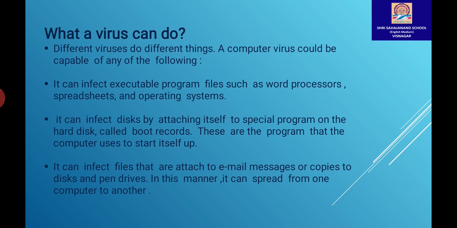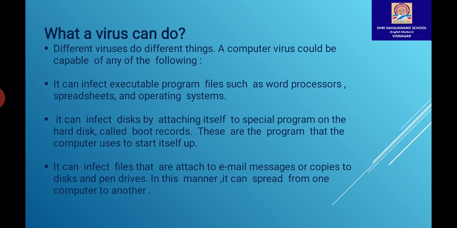What can a virus do? Different viruses do different things. A computer virus could be capable of any of the following. It can infect executable program files such as word processors, spreadsheets, and operating systems. It can infect a disk by attaching itself to a special program on the hard disk called boot records.